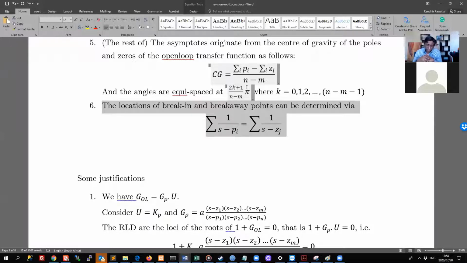So you might have the case where your loci are traveling along the real axis and then they depart from the real axis, or they are coming out from some complex area and then they are rejoining into the real axis. So the locations of break-in and breakaway points, that's something we'll look at just now.